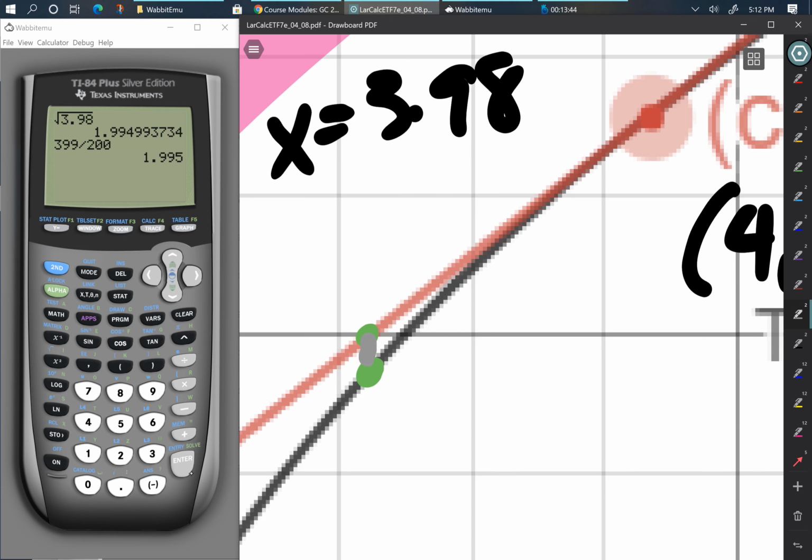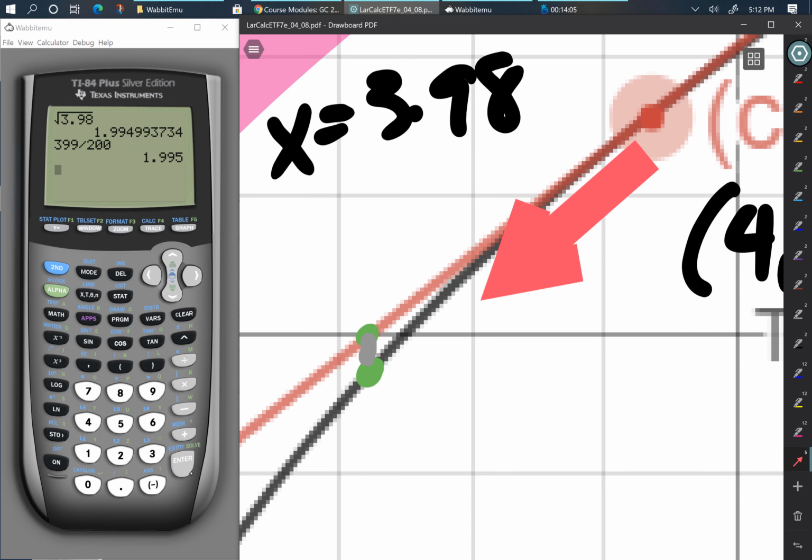Now, if you wanted that to be smaller, you have two options. You can either bend this tangent line and make it not a line, make it some sort of higher power polynomial function, or the other option is move this point c closer to 3.98.